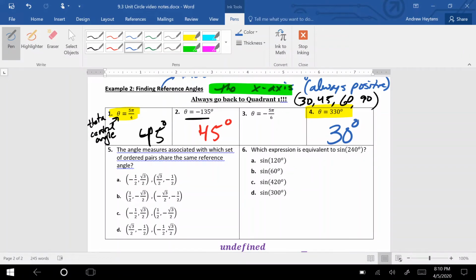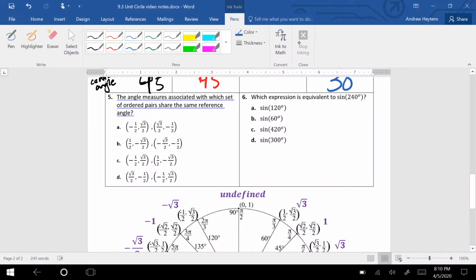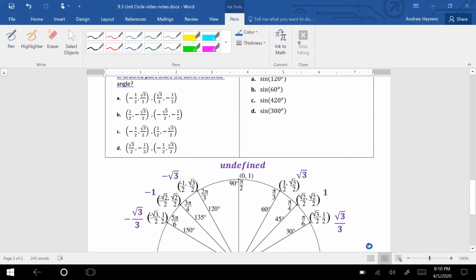Number 5. The angle measures associated with which set of ordered pairs share the same reference angle? Okay, so they're going to give you two coordinates, and they're asking you which ones have the same reference angle. So your first job is to find all of these coordinates and where they're at.